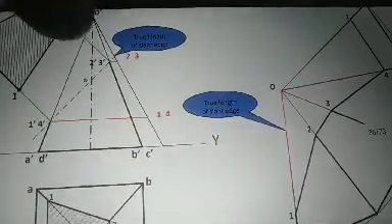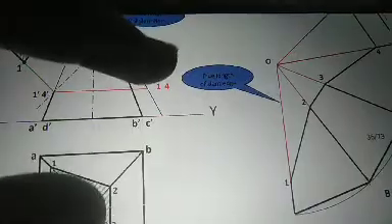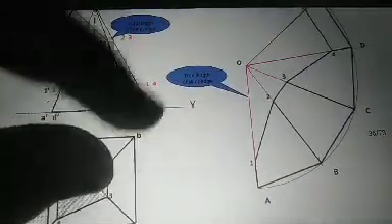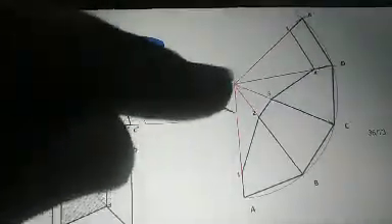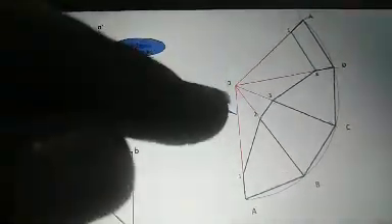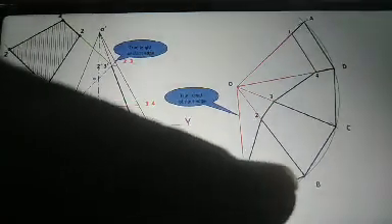You will get the true length of the slant edge, and this true length is useful for your development purpose. By taking a distance equal to O dash C dash, draw OA, the true length of the slant edge, and make an arc of that slant edge with the help of a compass.